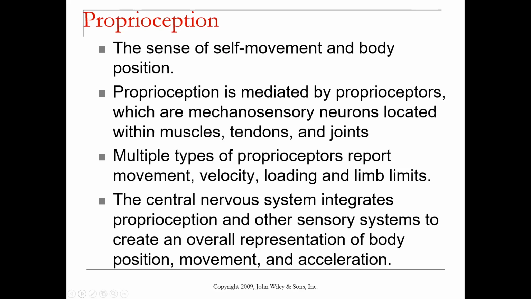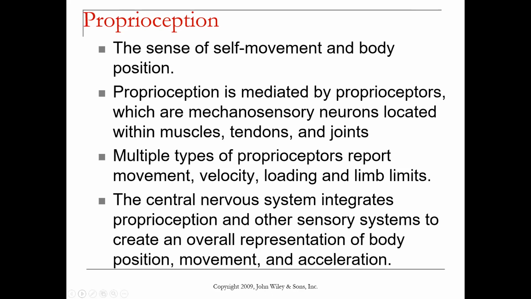Now, what our brain and spinal cord do for us is take proprioception, the stimulus of all these receptors in all of our muscles and tendons and joints, and put it together to give us a very accurate idea of where our body is at any given time, how we are moving and how rapidly we are moving.